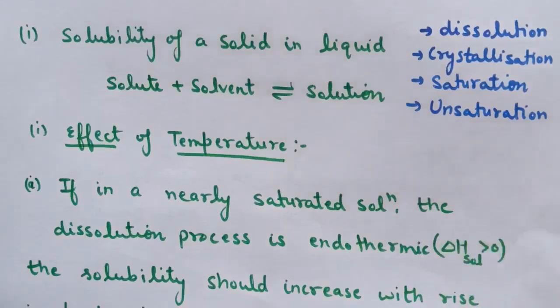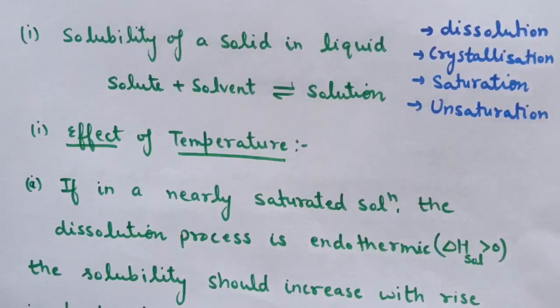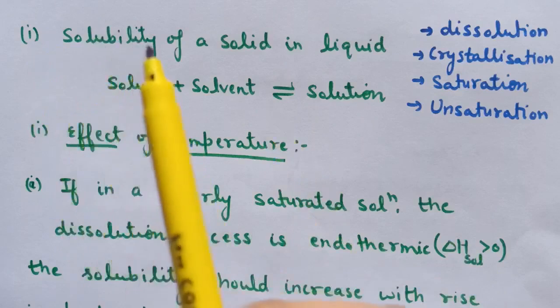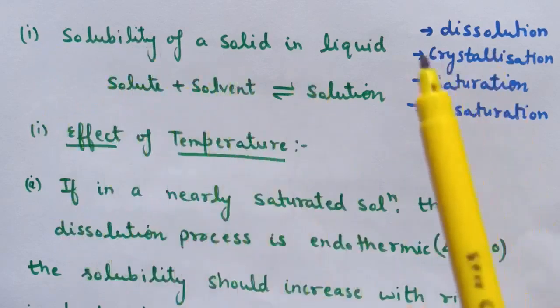So the solution which is in dynamic equilibrium with undissolved solute is the saturated solution and contains the maximum amount of solute dissolved in a given amount of solvent, and that is known as the solubility of solid in that particular liquid.